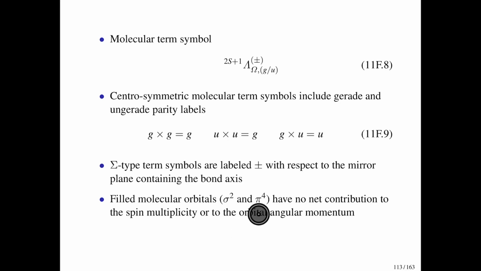The degenerate pair of pi orbitals, say the pi x and the pi y orbitals, can hold up to 4 electrons. When those are completely filled, those electrons make no contribution to the spin multiplicity or to the orbital angular momentum. The consequence of that is that you only really need to consider partially filled molecular orbitals to determine the term symbol of your molecule.